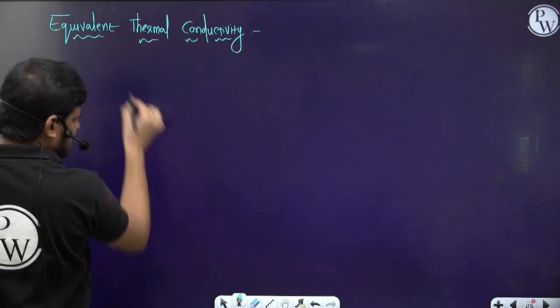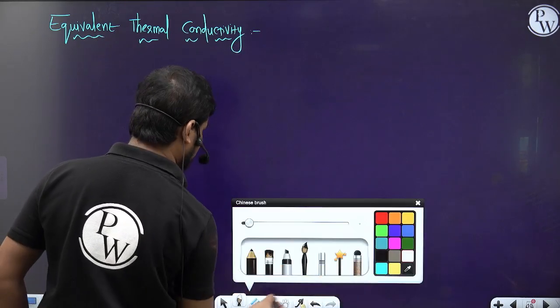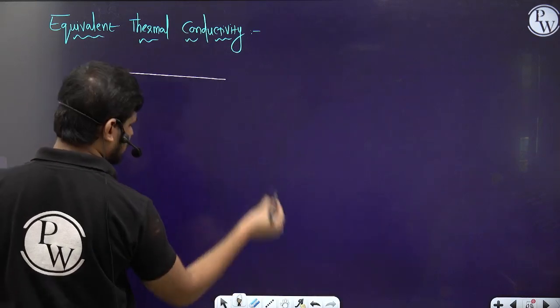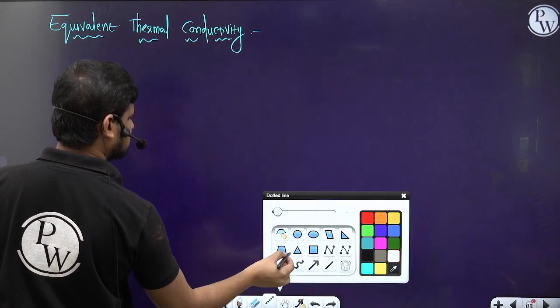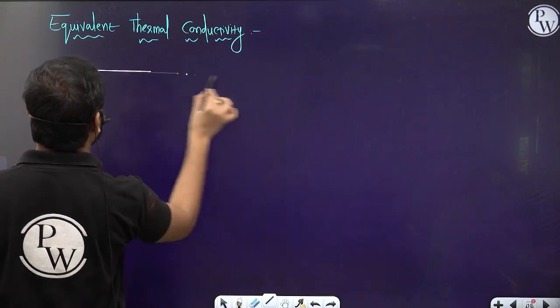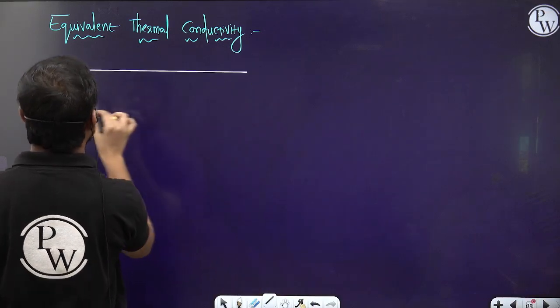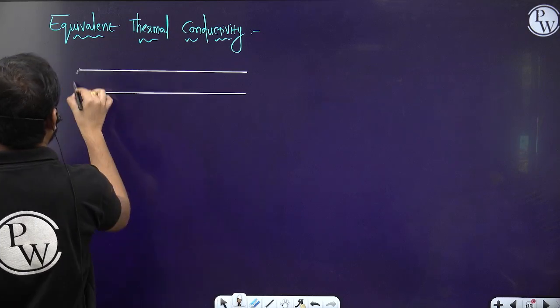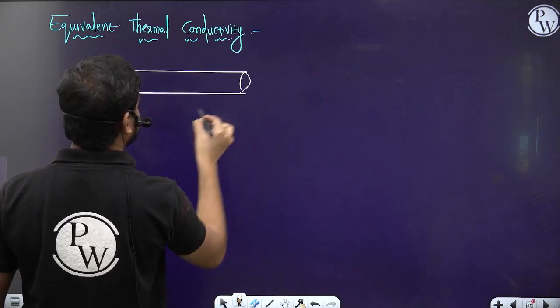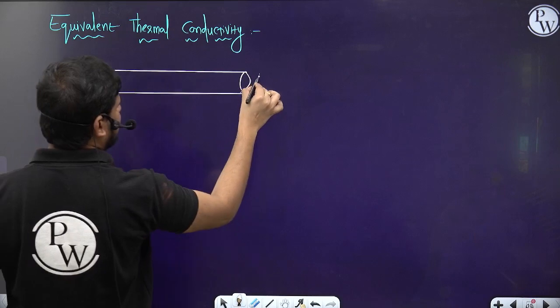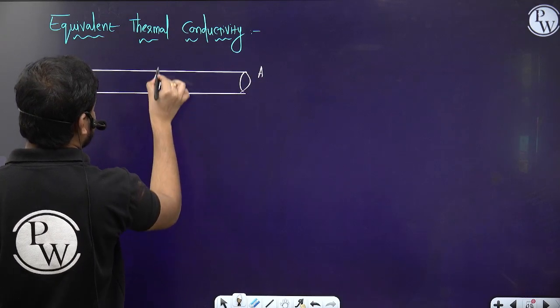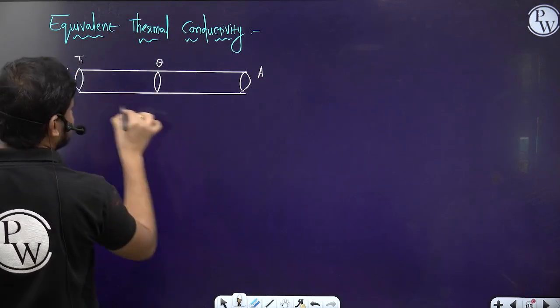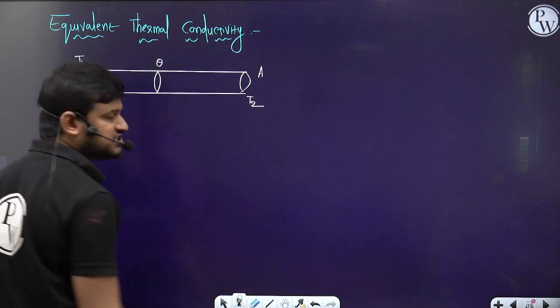So let's do one thing. Again, let me draw the diagram quickly. So this is the rod, with the same cross-sectional area A. Here is the junction temperature theta. Here the temperature T1 and here the temperature T2.